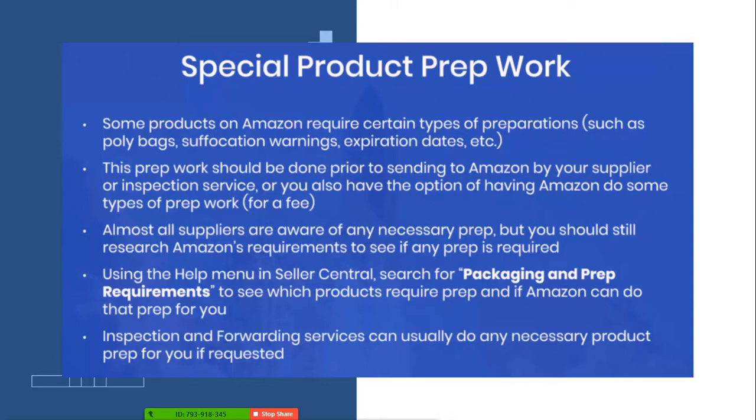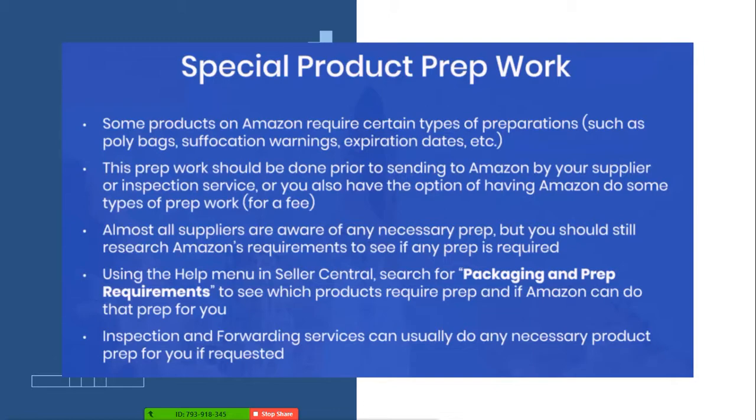Okay, but basically, just so as not to stress yourself, you just talk to your suppliers and collaborate with them with regards to any prep work that is required. Inspection and forwarding services can usually do any necessary product prep for you if requested.